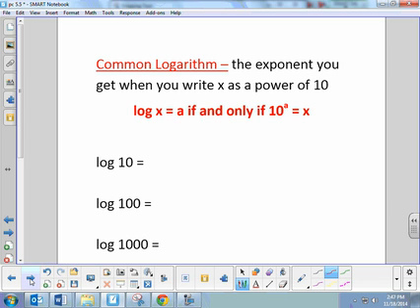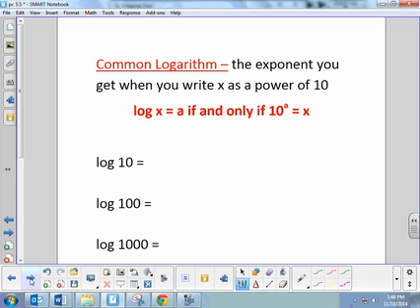So here is the math speak of the definition of a common log, and then I'll talk a little bit more about what it really means. A common log is the exponent you get when you write x as a power of 10. So log x equals a if and only if 10 to the a equals x.